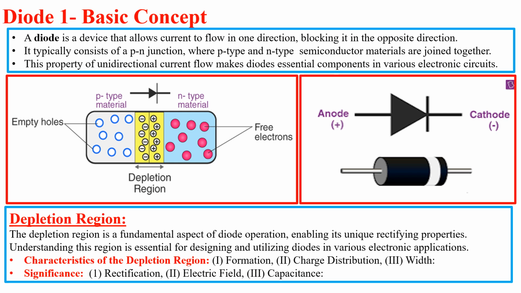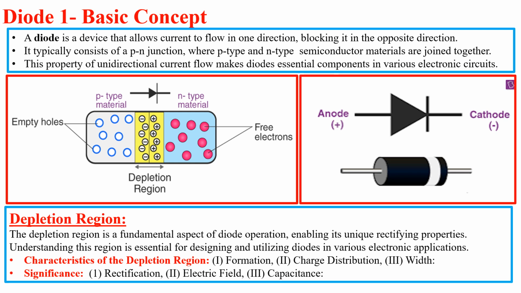The depletion region in a diode is a crucial area that forms at the junction between the p-type and n-type semiconductor material. This depletion region controls the electrical response and many other properties of a p-n junction diode, which you will study in later slides. Let us discuss some characteristics of the depletion region.